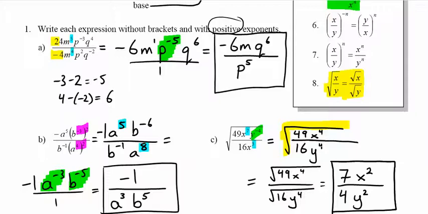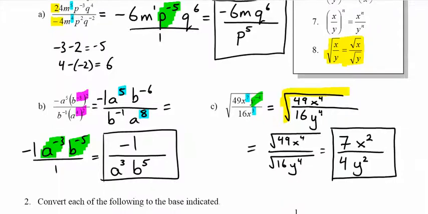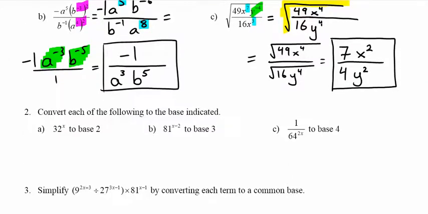Now the next section is where it becomes really useful for Math 12. So when it says convert to the base indicated, what that means is that we want to write 32 to the power of x as 2 to the power of something else.